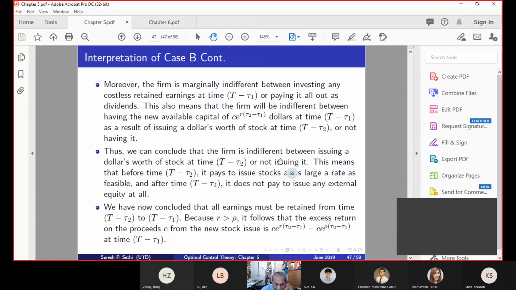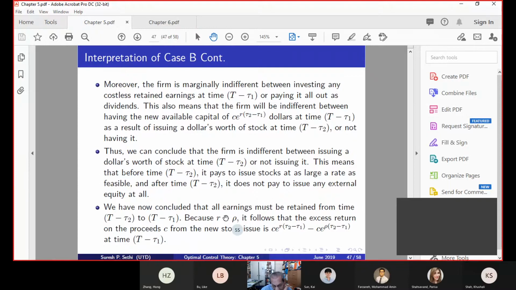not issuing it. This means that before time t minus tau 2, it pays to issue stock at as large a rate as possible, and after time t minus tau 2, it doesn't pay to issue any stock. We have now concluded that all earnings must be retained from time t minus tau 2 to t minus tau 1.